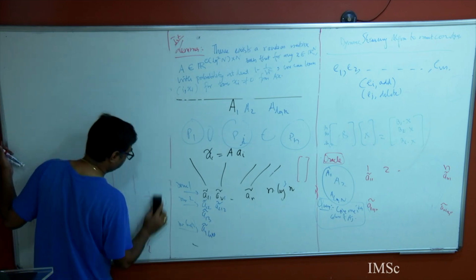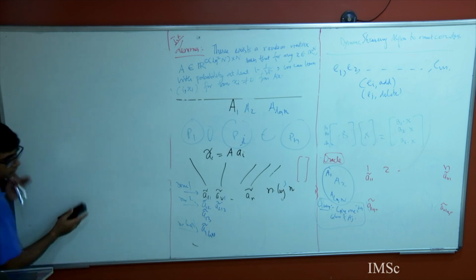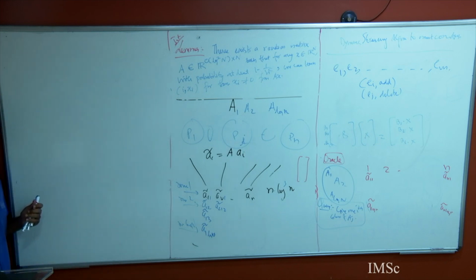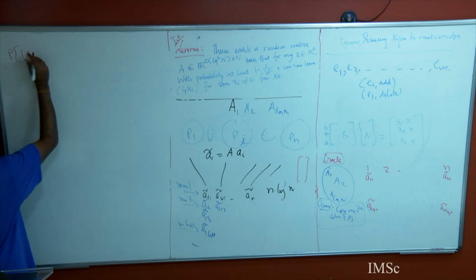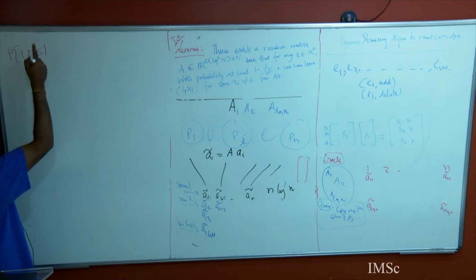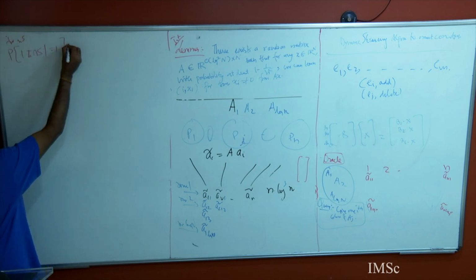Now, if you recall the proof, the probability that my index set intersection S is equal to 1 for some S. Remember this.